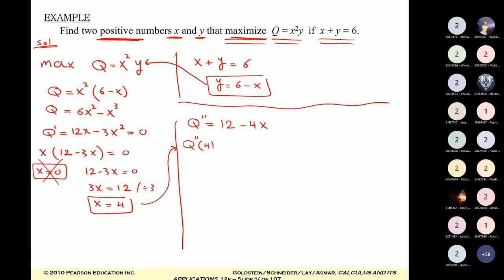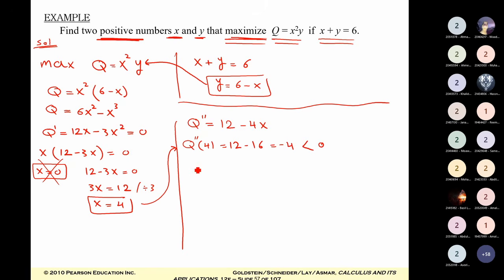If positive, we have minimum; if negative, we have maximum at this stationary point x equal 4. So this is equal 12 minus 16. Okay, so we have 12 minus 16, negative 4. So this is less than 0.